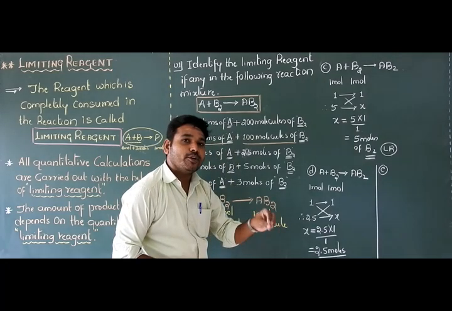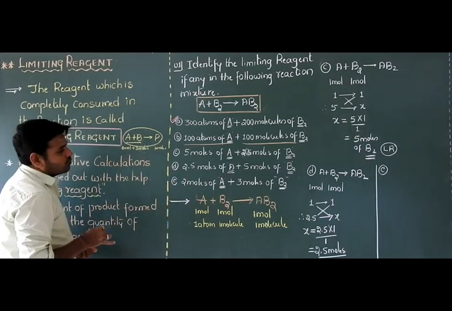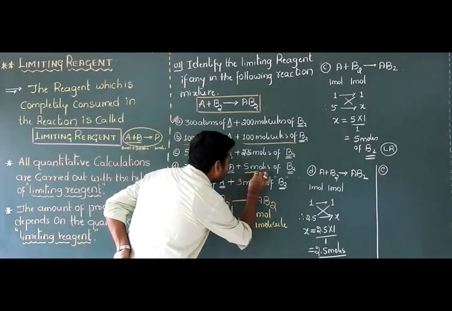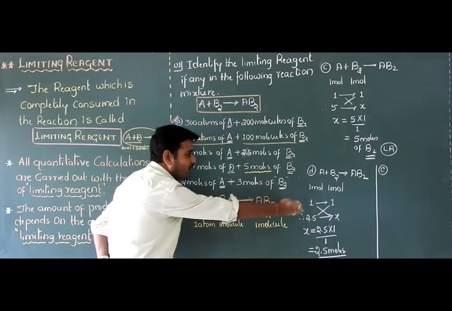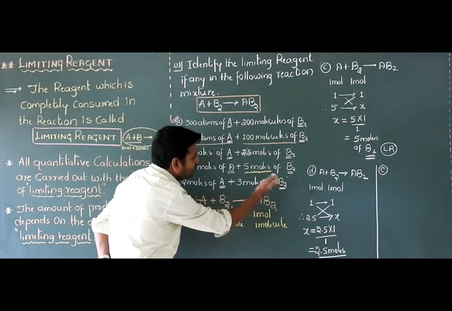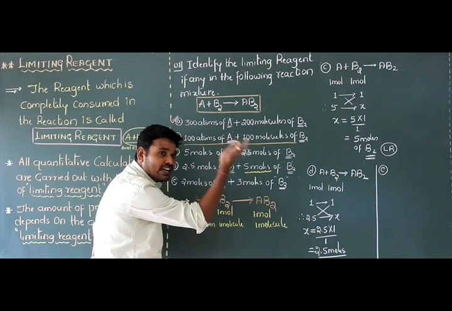So we need 2.5 of B2. Required are 2.5 moles, but the available number of moles of B2 is 5. Look, we require just 2.5, and what is available? 5 moles of B2 are available.